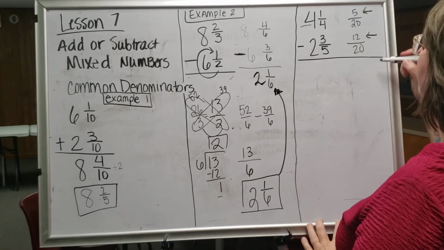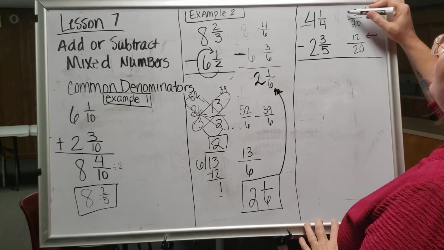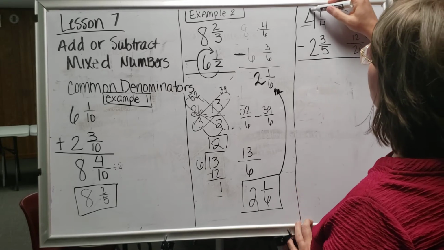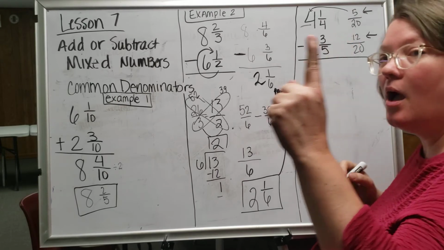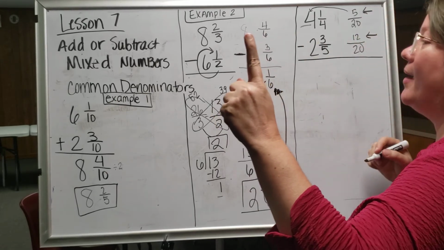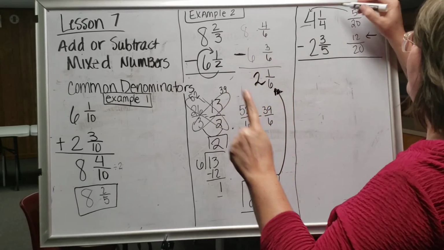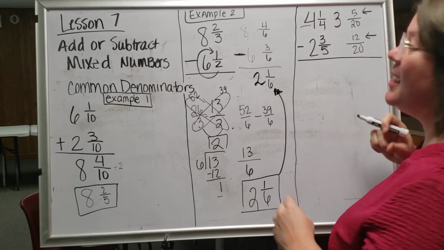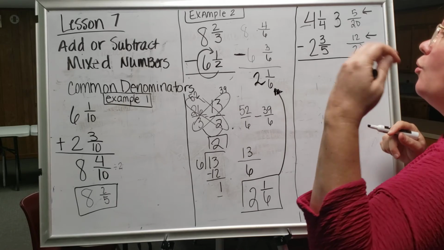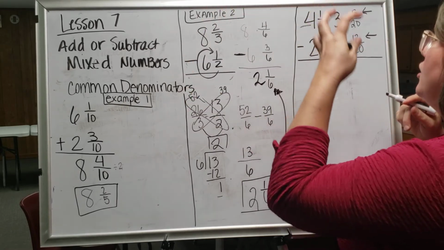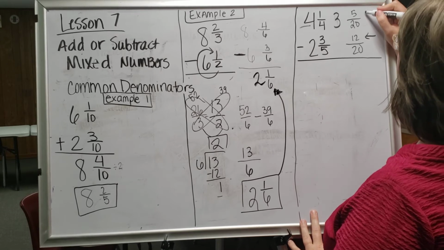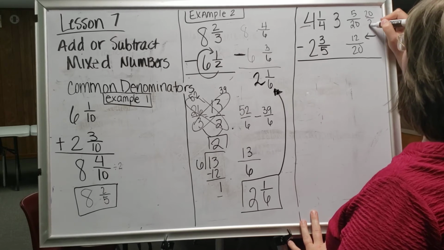Okay, so I don't have anything to borrow from here, so I'm going to go over to this whole number 4. I want to take 1 away from 4, making the 4 become a 3. Okay, but I have to keep it as a fraction. So whenever you borrow that 1, you need to make it into that fraction, and that would be 20 over 20.